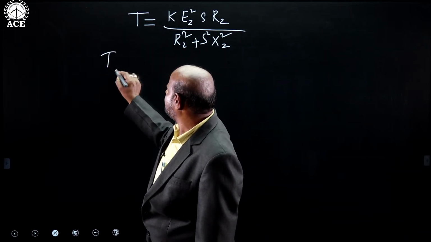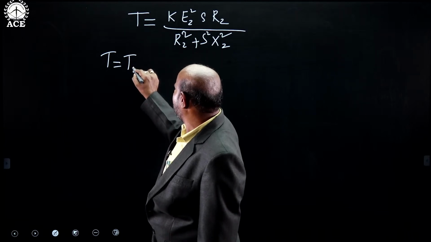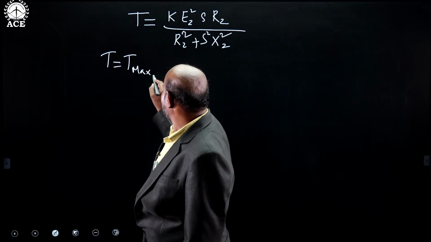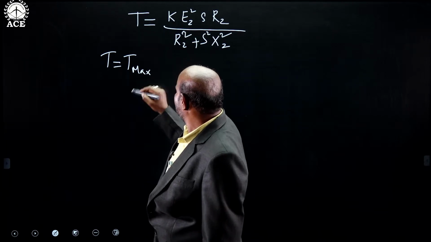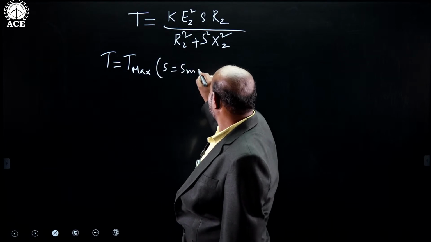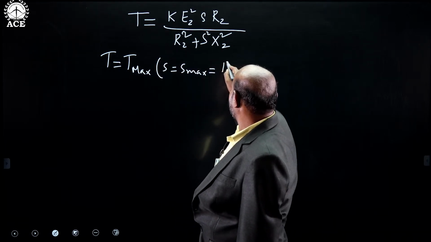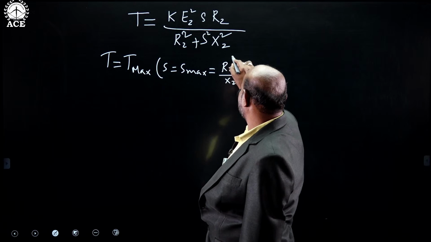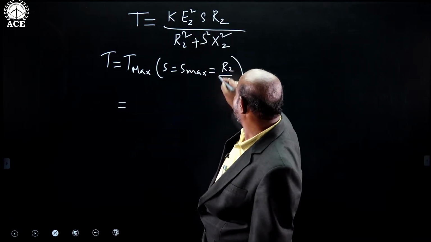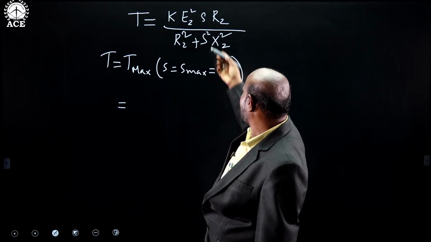Then to get the maximum torque, T will be T max when S is equal to S max, which is nothing but R2 by X2. So in place of S you have to substitute R2 by X2.